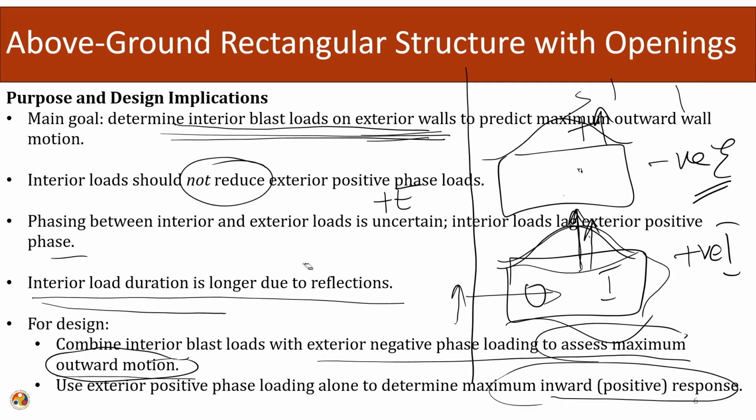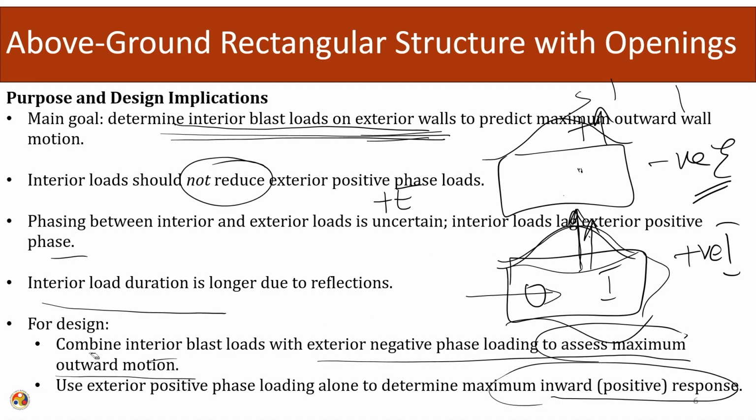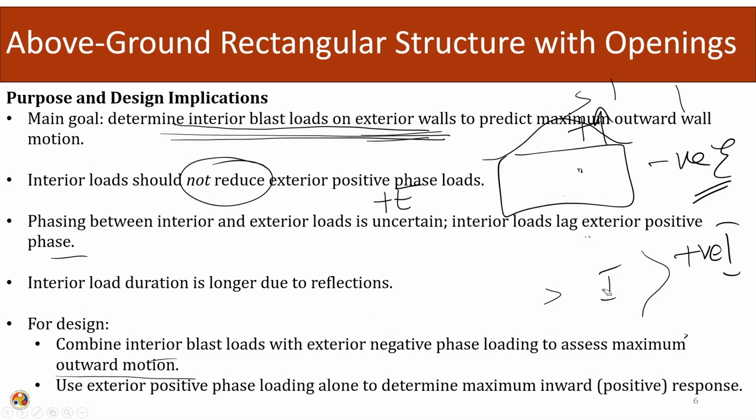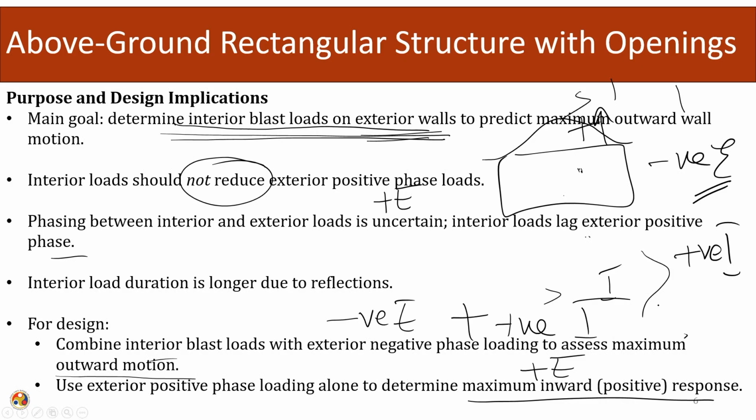So, positive external to assess the maximum inward positive response, and negative external plus positive internal to assess the maximum outward. This is for the inward motion and this is for the outward motion. This is how we combine them together.